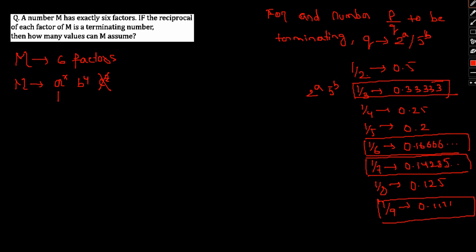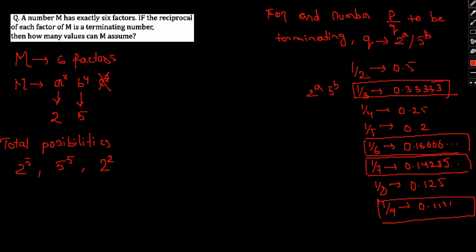Our two primes will simply be 2 and 5. Okay, now we need the numbers such that they have only 6 factors. So total possibilities will be 2 to the power 5, this has 6 factors. 5 to the power 5, this has 6 factors.